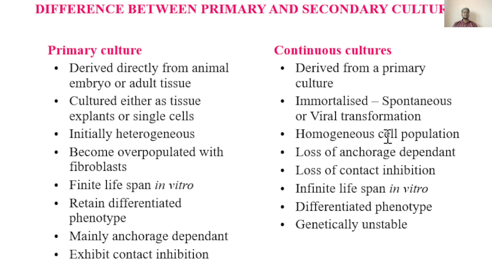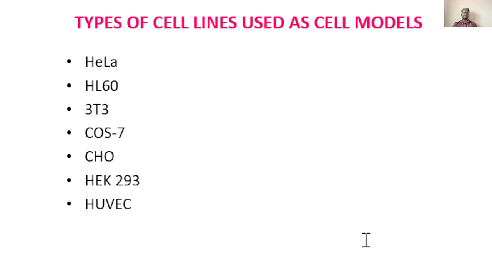But this set of cells is uniform in nature and has lost anchorage dependence, meaning it does not need a substratum to attach to. It expresses loss of contact inhibition and, more importantly, an indefinite lifespan, meaning it will grow continuously in in vitro conditions. There is no barrier in the division pattern or the number of divisions. And a very important signature: genetically unstable.